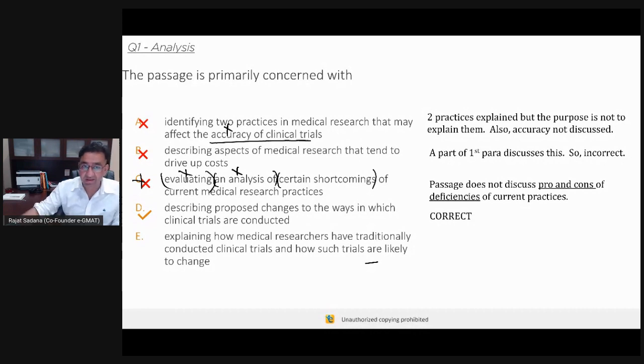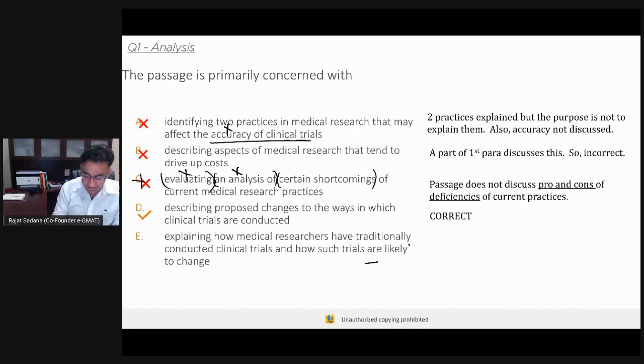Choice E, and let's see how people polled on this one. We have 50 responses. Choice C was very popular. Choice E was popular as well, barring the original answer choice. It says explaining how medical researchers have traditionally conducted clinical trials and how such trials are likely to change.